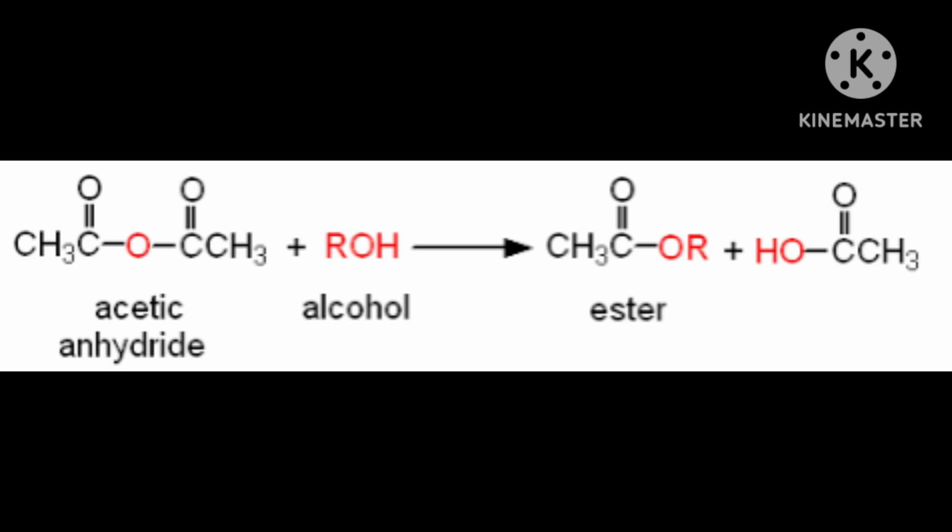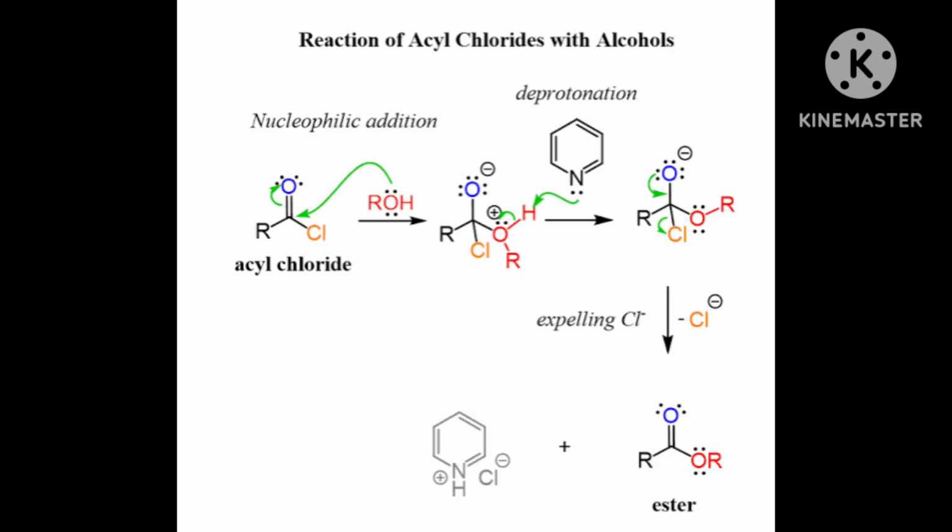Now suppose alcohol and RCOCl are there. Again the same thing will happen. The OH bond of the alcohol will break, so O gets a negative charge, RO minus, and H is positive. On this side there is RCOCl, acetyl chloride, where the C and Cl bond will break.